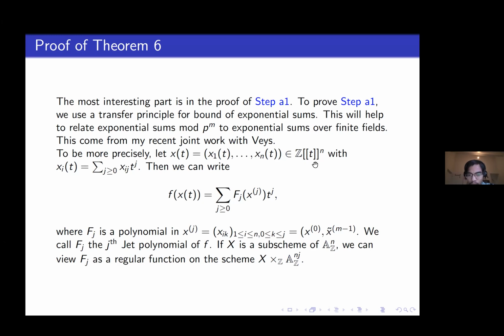We also write x_j equal to x_0 and x tilde_j, up to x tilde_{m-1}. We call f_j the zeta set polynomial of f. We can view f_j as a regular function on the scheme X times A_Z power n j.